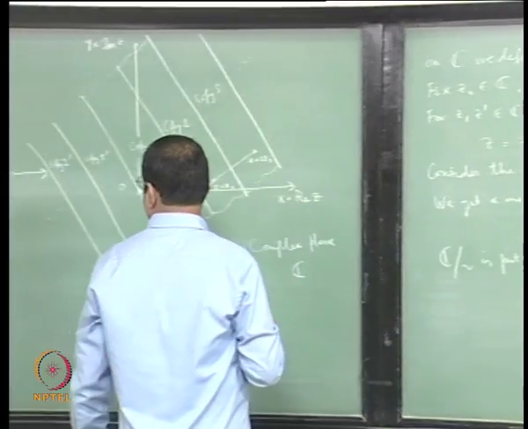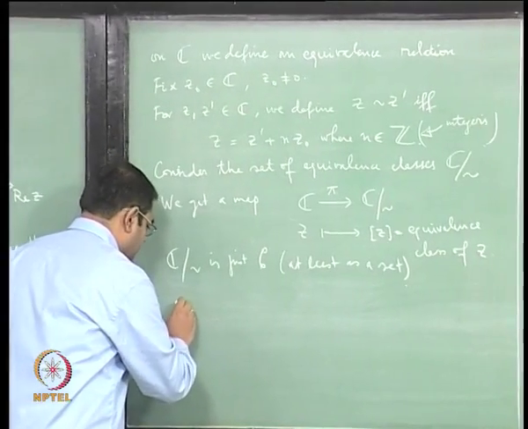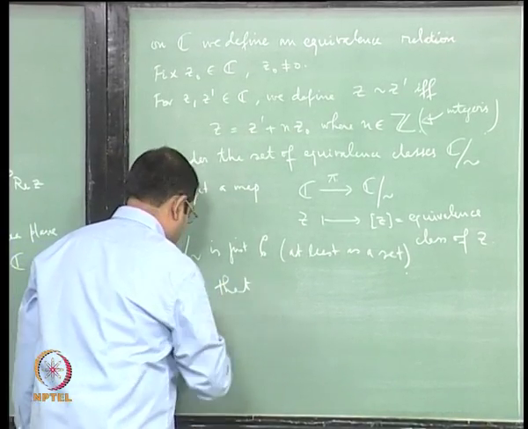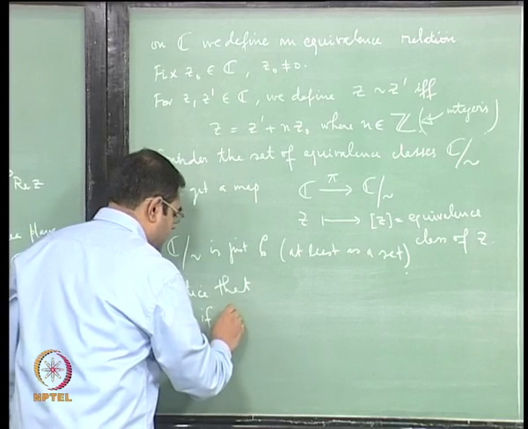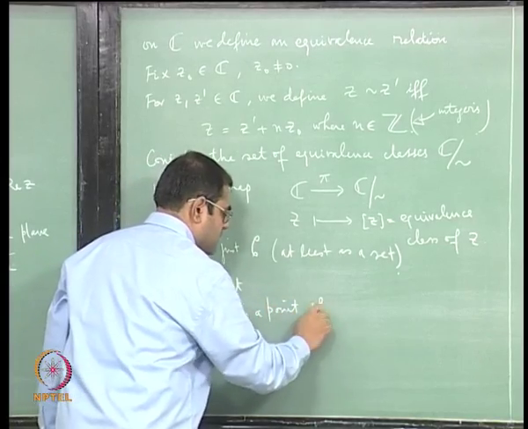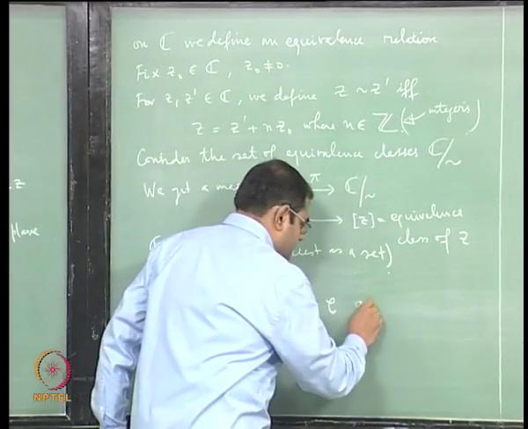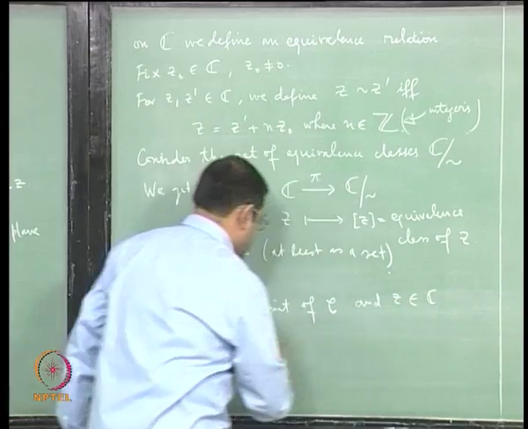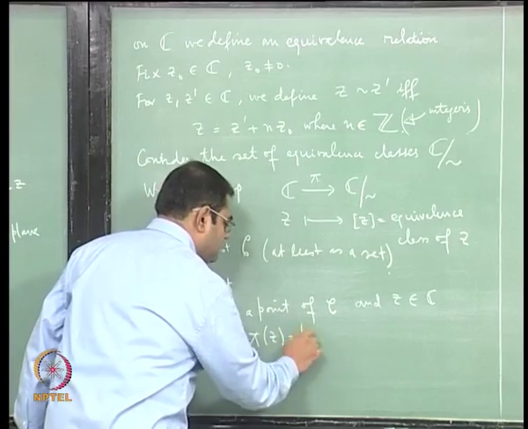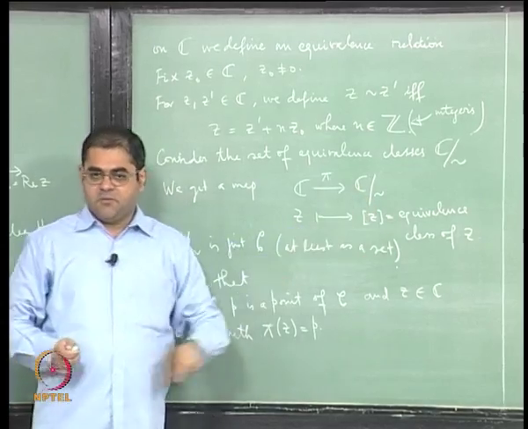The first thing is, notice that, number one, if P is a point of the cylinder and Z is a complex number with pi of Z equal to P, so you see I am identifying the set of equivalence classes at least as a set with the cylinder.